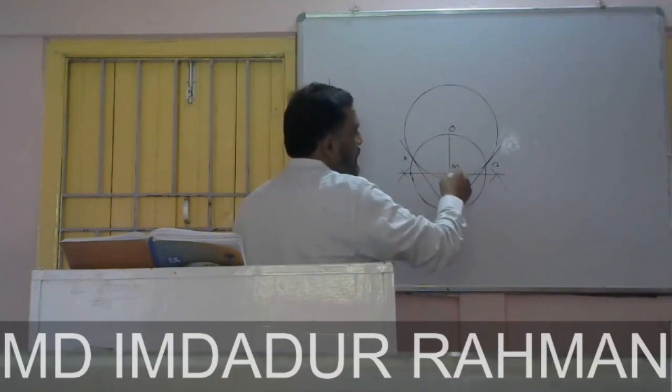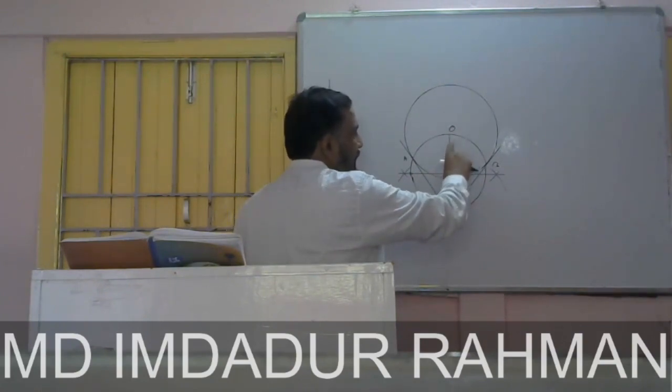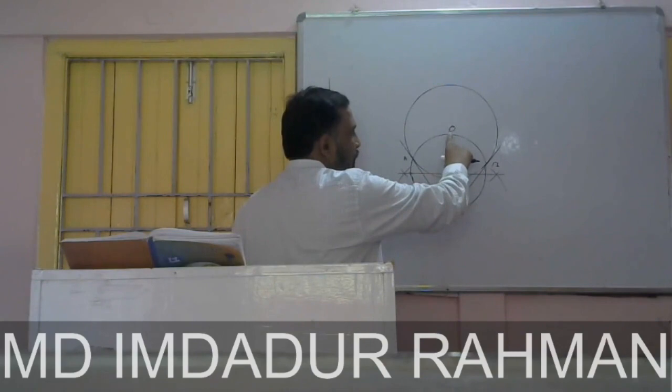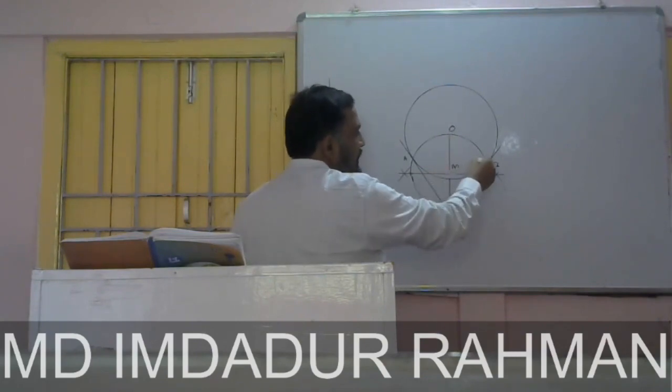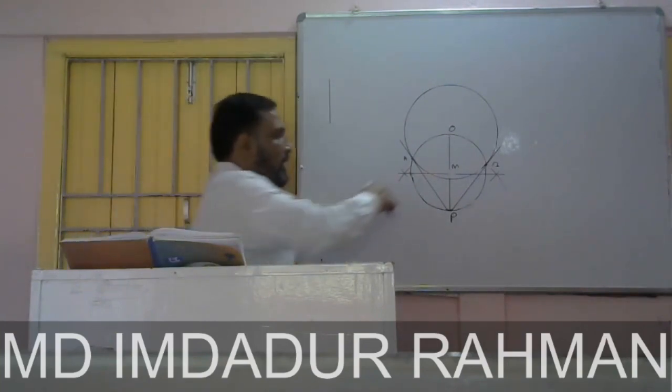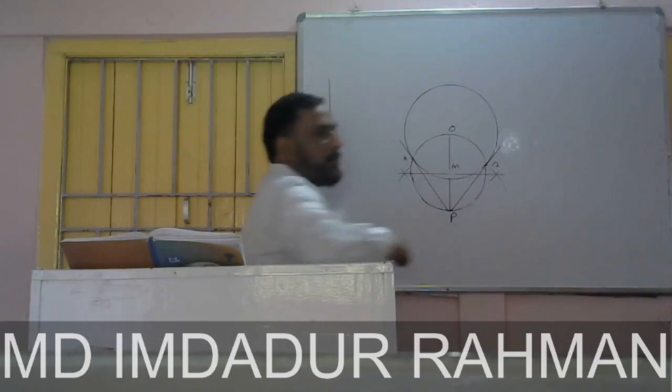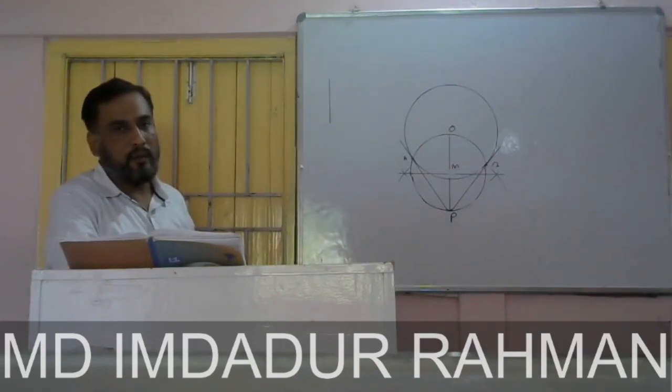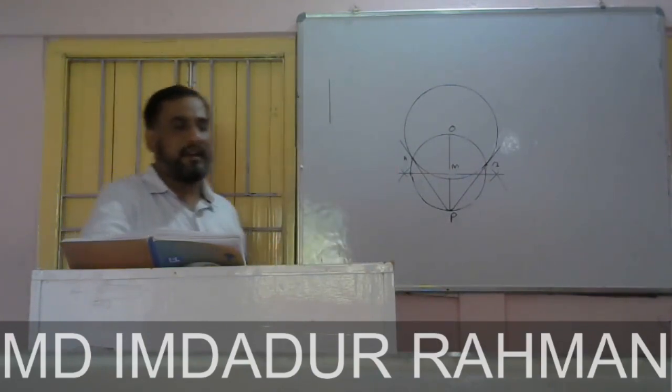Then centering at M and radius equal to OM, we draw a circle which will intersect the previous circle at A and B. Okay. Now AP and BP are joined, which are the given tangents.